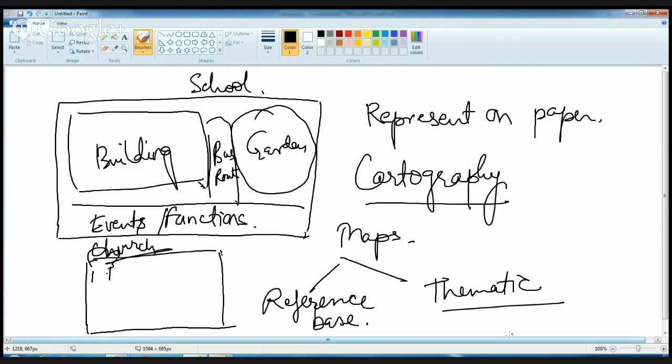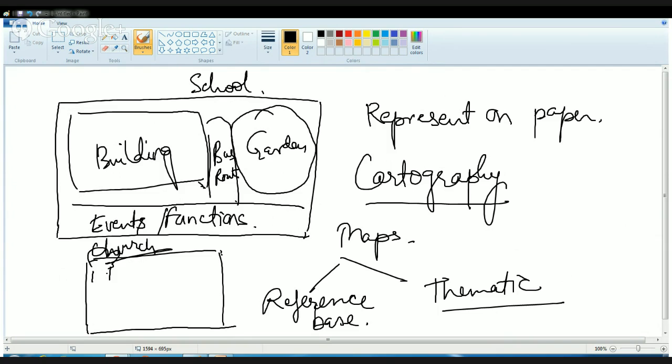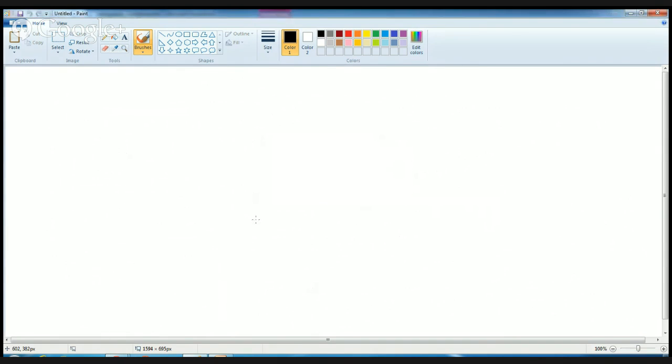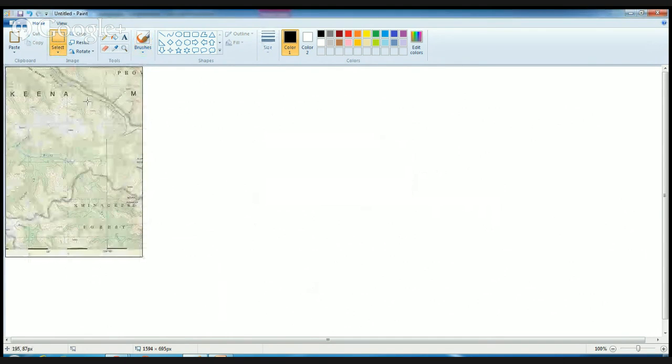Then you have the thematic map. What is a thematic map? A thematic map is the geographical distribution of one or more phenomena that you can depict in various ways. So for reference maps, we usually use topographical maps. And what is a topographical map? Here is a sample topographical map. In this map, you can see there are small lines running around.